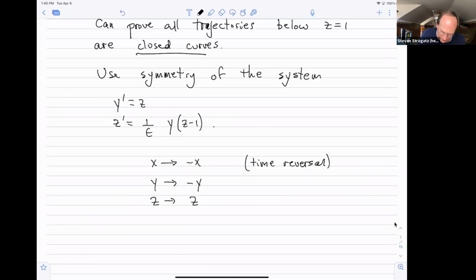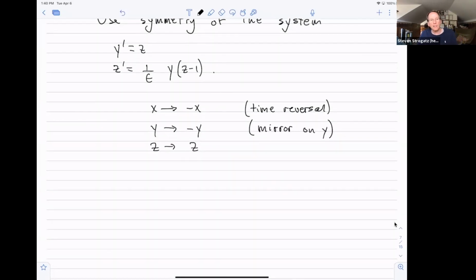So this is a mirror on y. Then the differential equation stays the same, because dy by dx, if I change y to minus y and x to minus x, then I have dy by d negative x, this is just still dy dx.